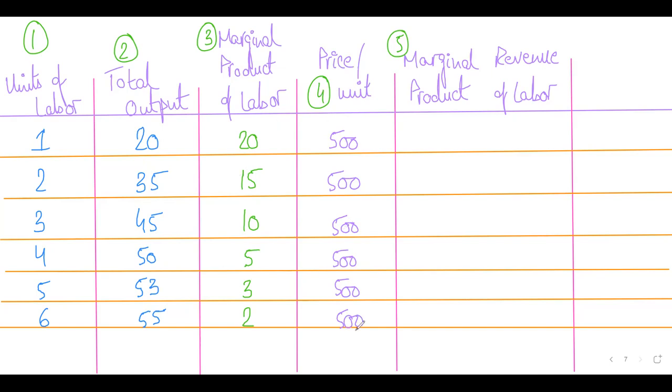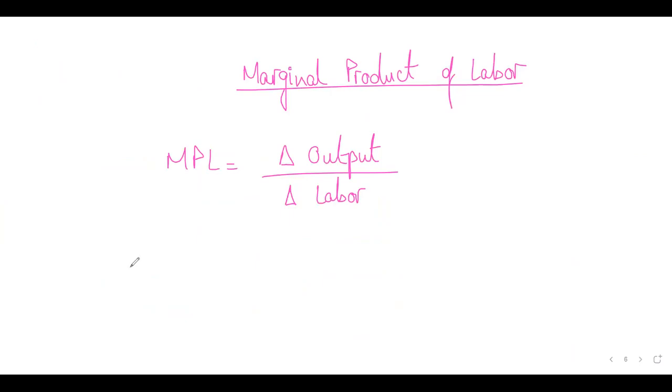So that's why this column has a standard constant amount. Whatever price this t-shirt sells for in the market, which these people are producing, that is what I've written over here. Now comes the final part, where you have to calculate marginal revenue product of labor. Now this is a new word.